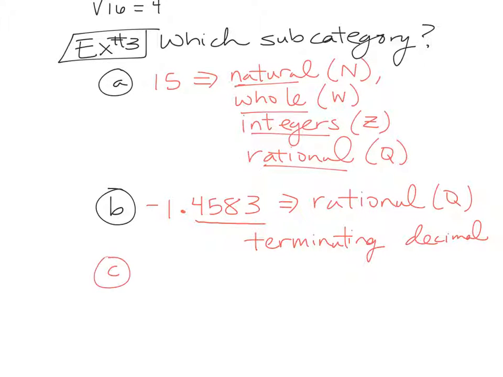Last one of these. The square root of 57. What category would that fall into? And if you don't know the square root of 57, plug it into your calculator and see, is it rational? Is it irrational? What would it be? Plug it into your calculator.